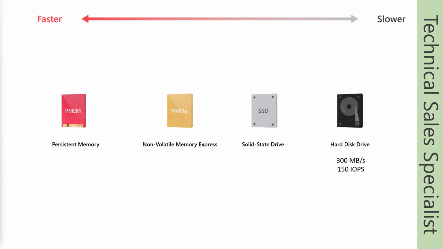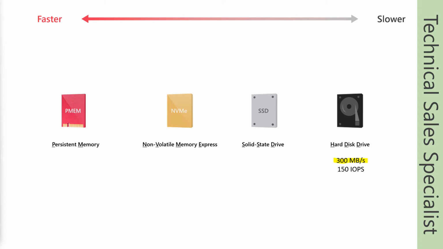A hard disk drive has a relatively good throughput when it comes to sequential workload. So this means we have a continuous data stream to this hard disk drive, write or read. We can have up to 300 megabytes per second. It's a very good throughput.